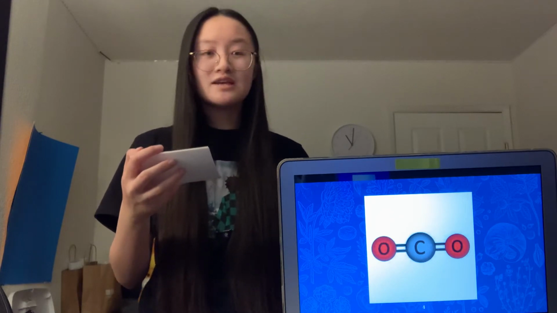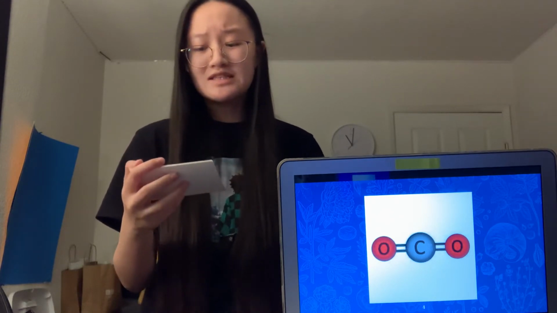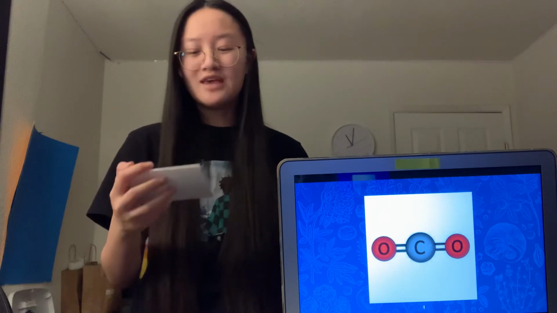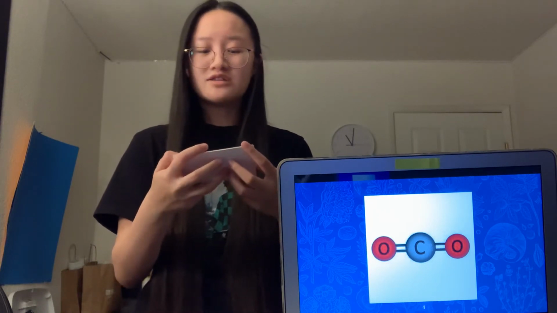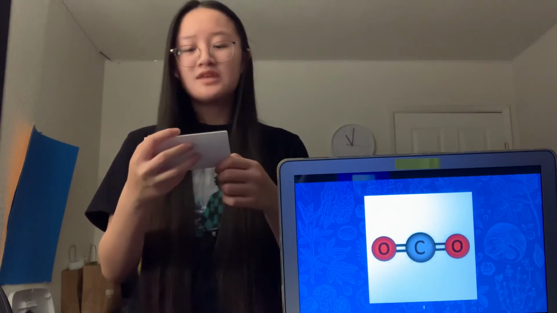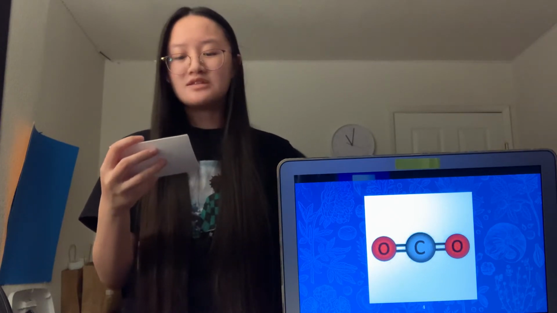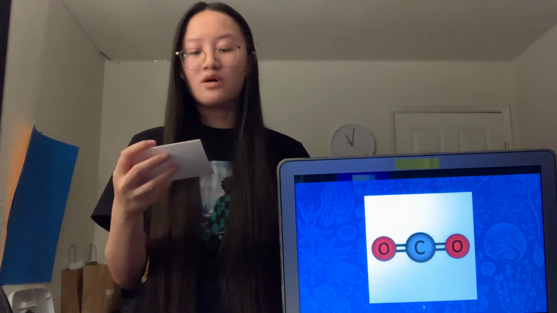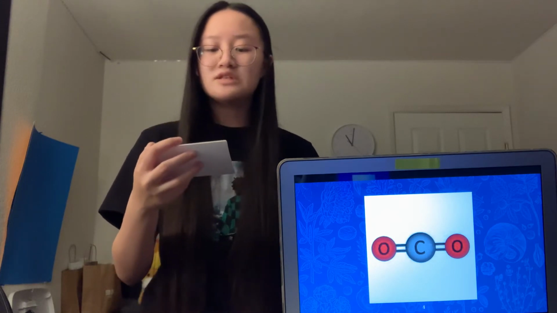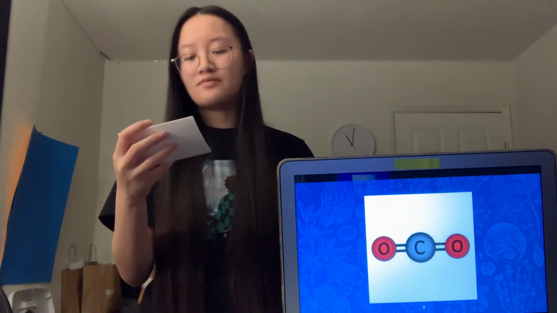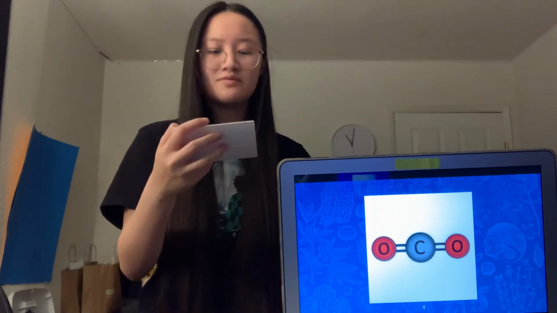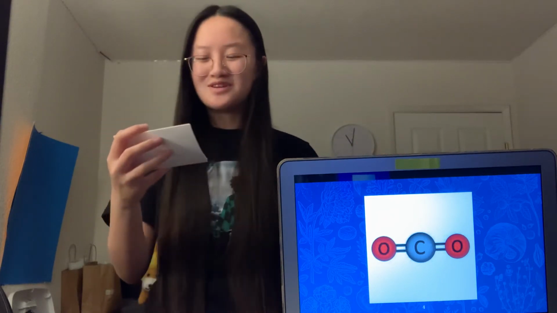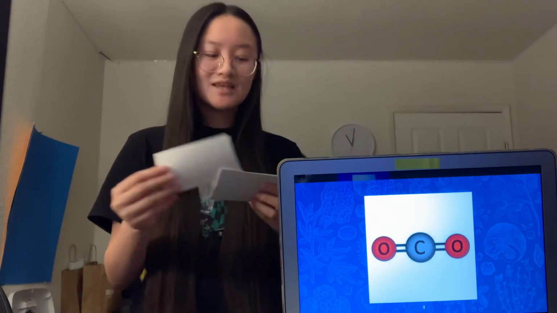And according to Scientific American, in 2019, about 36.8 billion metric tons of carbon dioxide was pumped into the atmosphere. This is a concerning number because CO2 naturally dissolves into the water, and the ocean absorbs about 1/4 of the CO2 that humans create. But as the ocean absorbs more CO2, the CO2 changes the chemistry of seawater and makes it more acidic.